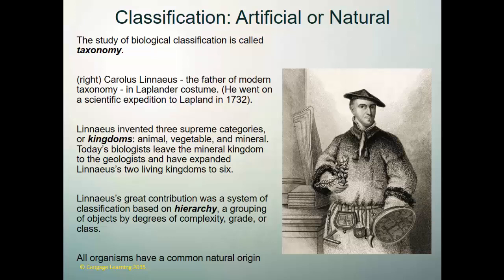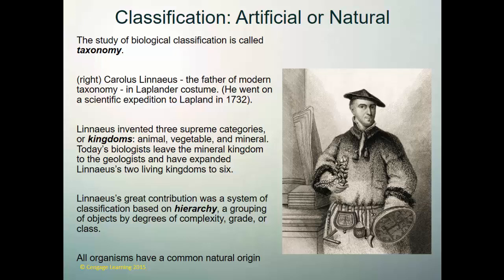The study of biological classification is called taxonomy. The father of modern taxonomy, Linnaeus, back in 1732, invented the 3 supreme categories or kingdoms of animal, vegetable, or mineral. Today, biologists leave the mineral kingdom to geologists and have expanded the 2 kingdoms to 6 kingdoms.